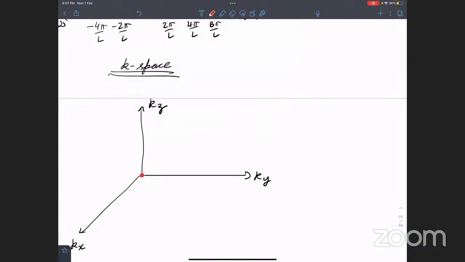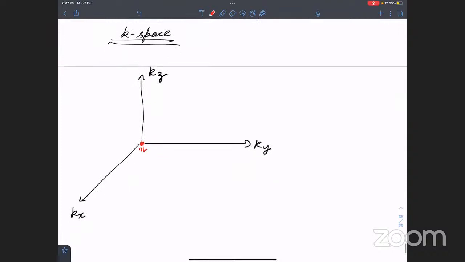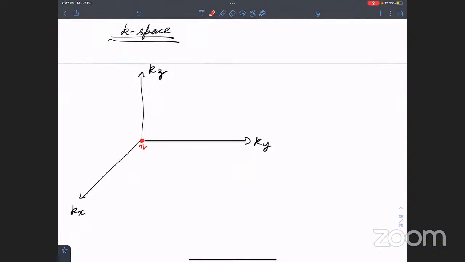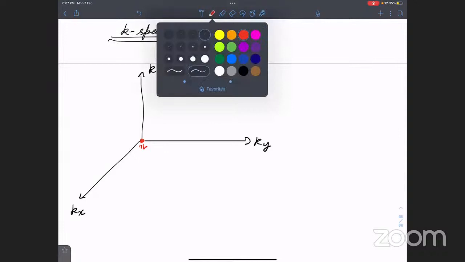Again, there are two here, one upspin and one downspin. So this is called a k-space representation of any eigenstate for a three-dimensional box. Let us see where we represent the other states.